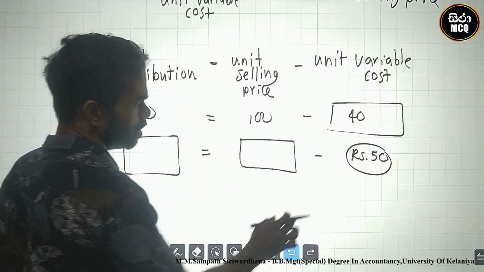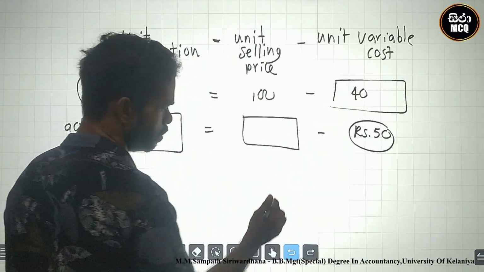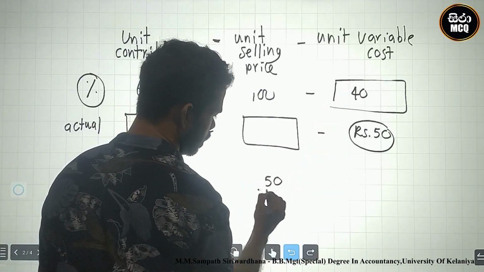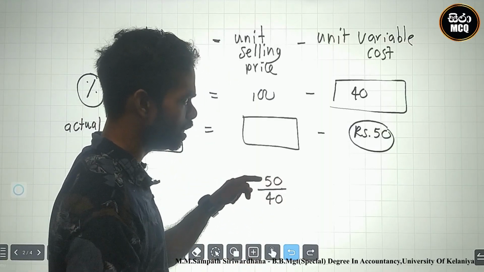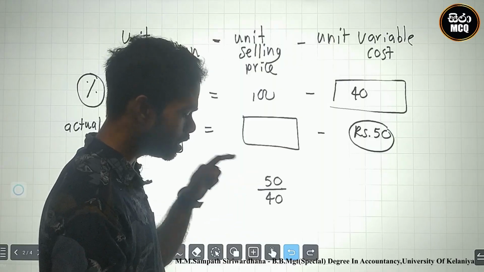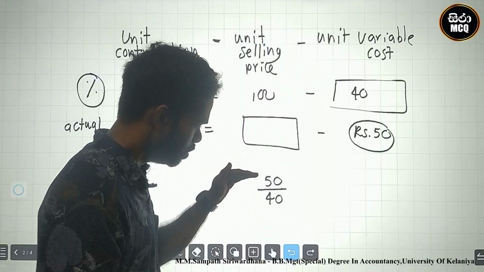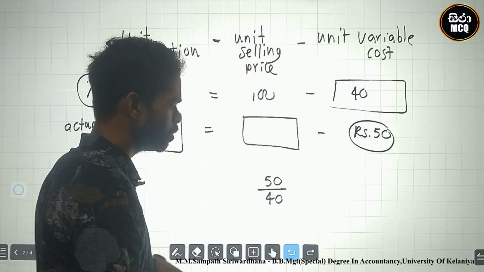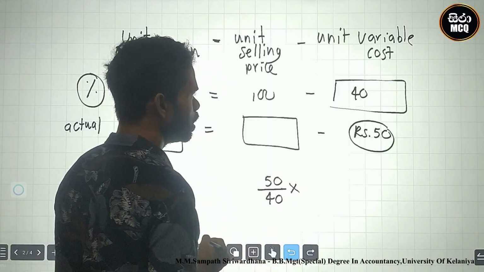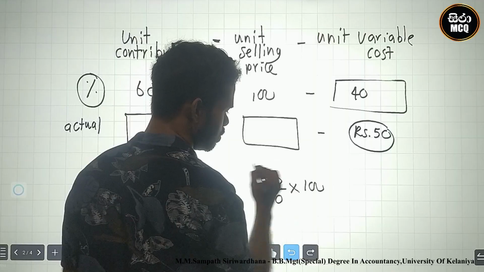Look here, this rupees 50 is related to 40. Therefore, rupees 50 divided by 40. Why? This is the actual variable cost. This is the percentage variable cost. Actual variable cost divided by percentage variable cost, multiplied by the required one. The required one is selling price, multiplied by 100.